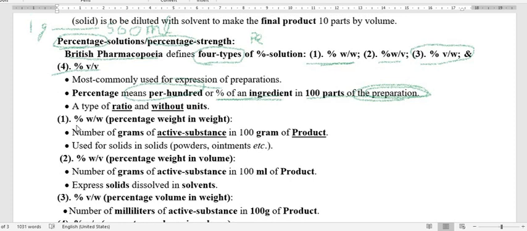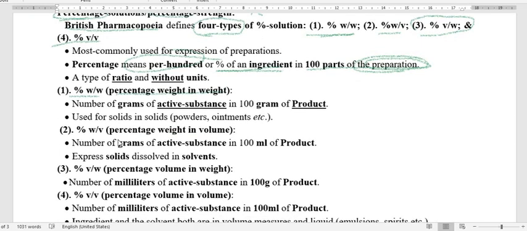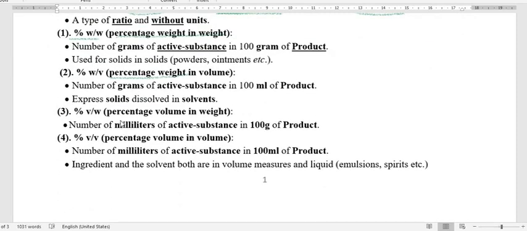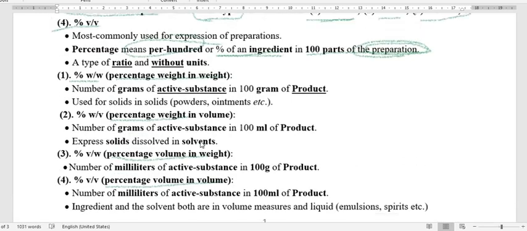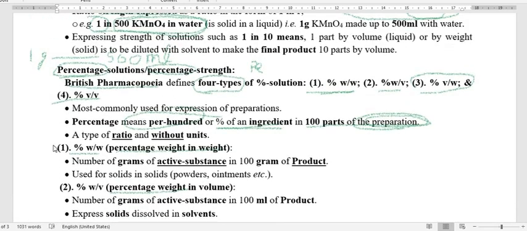Percentage weight by weight means percent weight in weight. Percentage weight by volume means percent weight in volume. Percent volume by weight means percent volume in weight. Percent volume by volume means percent volume in volume. We have to discuss them one by one.